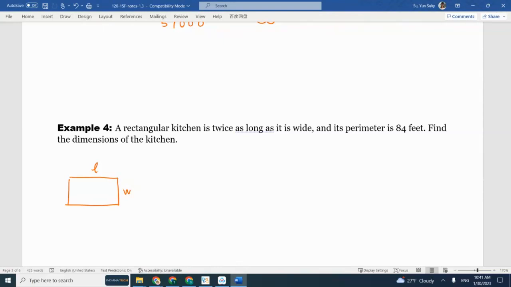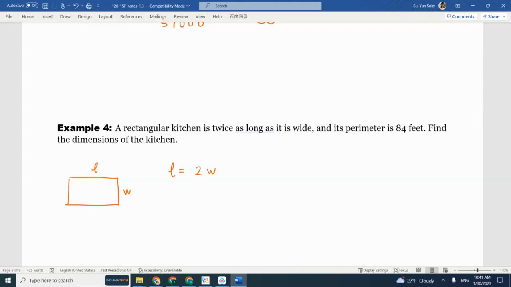A rectangular kitchen is twice as long as it's wide. What does that mean? L equals width times 2, exactly. So length is 2 times width. Right, everybody? Okay. And then the next sentence: its perimeter is 84 feet. What's perimeter?